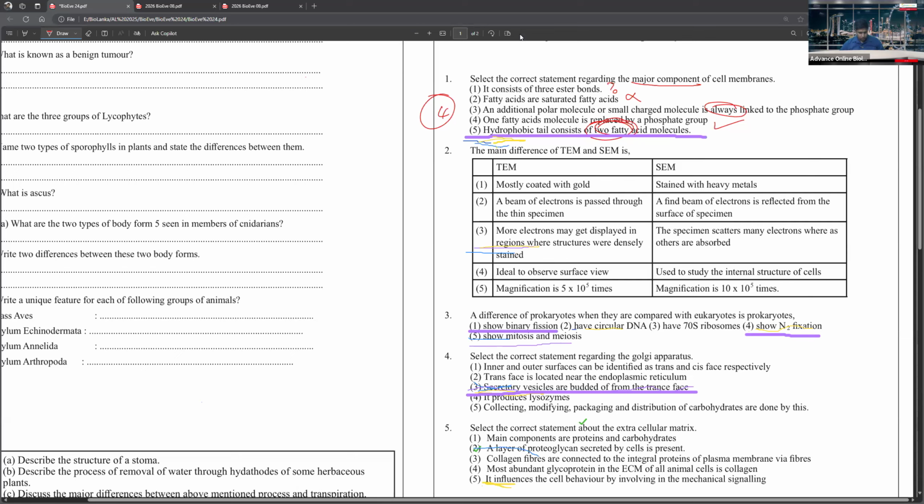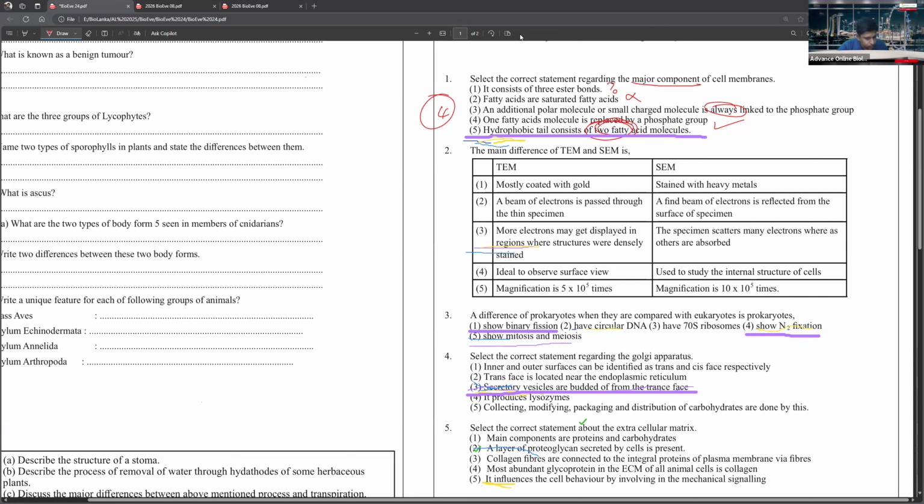The phosphate group gives negative electric charge to the phospholipid, and typically an additional polar molecule or small charge molecule is also linked to the phosphate part. The two ends of the phospholipid molecule differ in behavior. The hydrocarbon tails are hydrophobic, while the phosphate group and its attachment is hydrophilic. So not the entire fatty acid. I'll go with the fourth one.